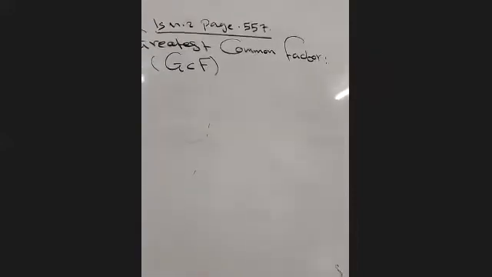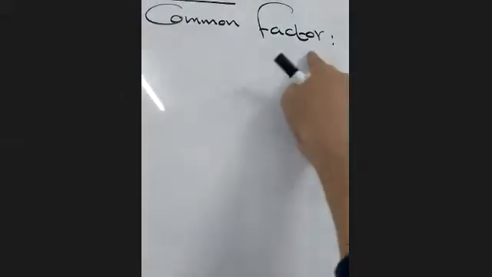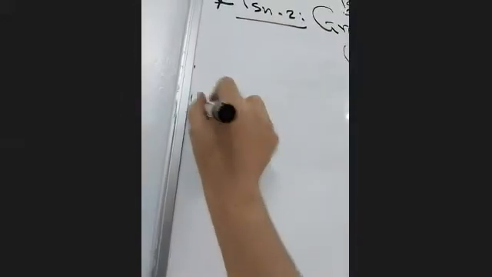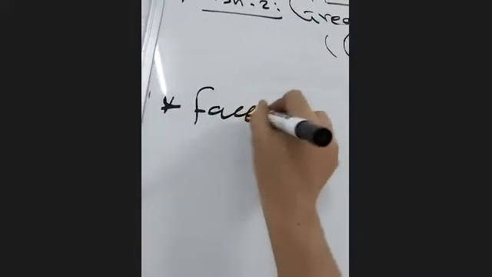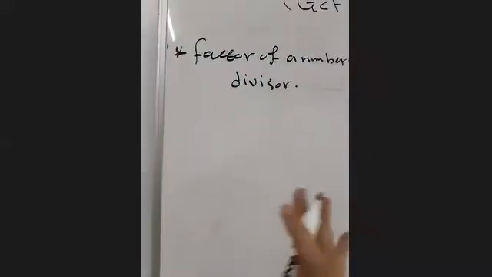Now first, let's remember what's the meaning of factor. Factor of a number means the divisor. Divisor means if you divide by it, the remainder is zero.